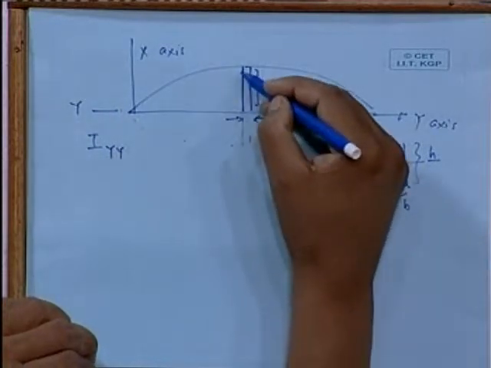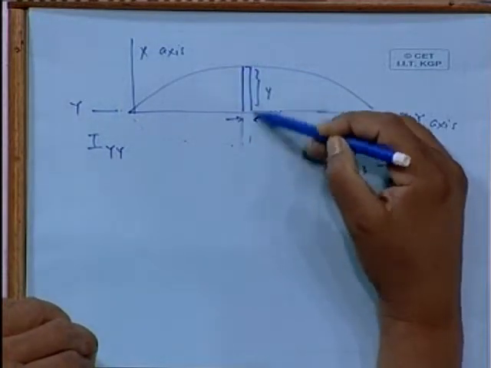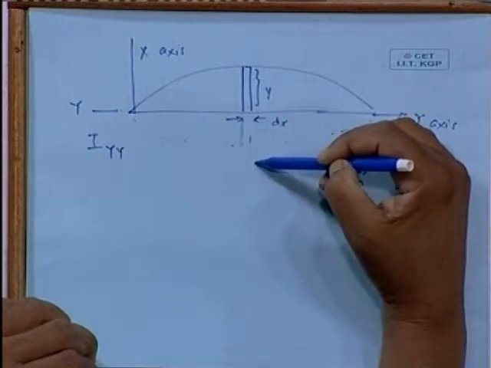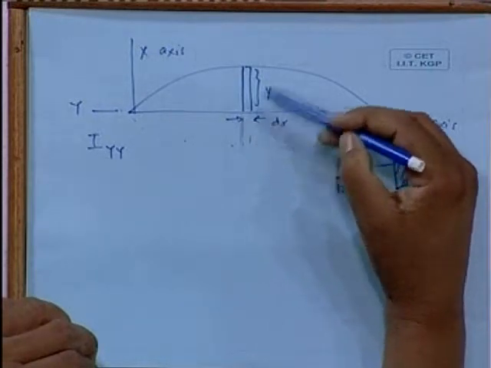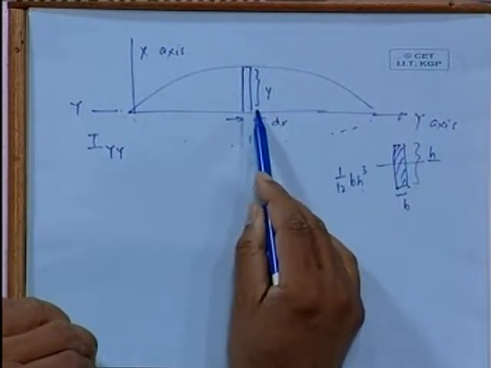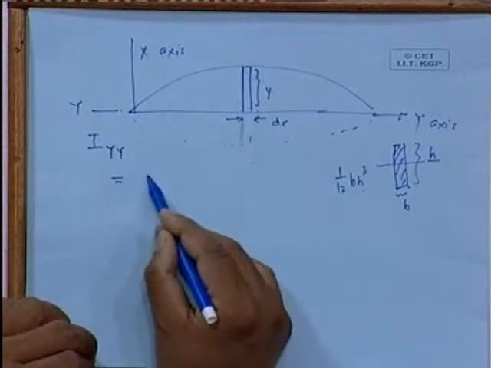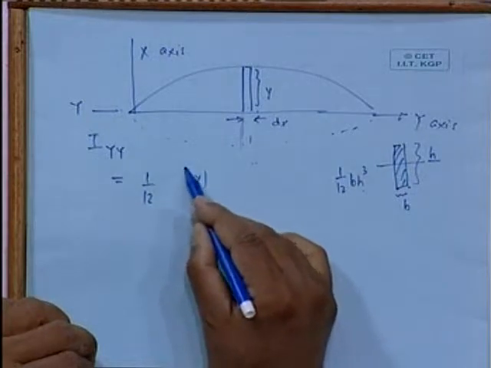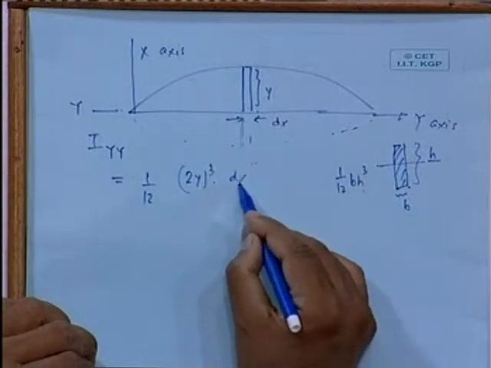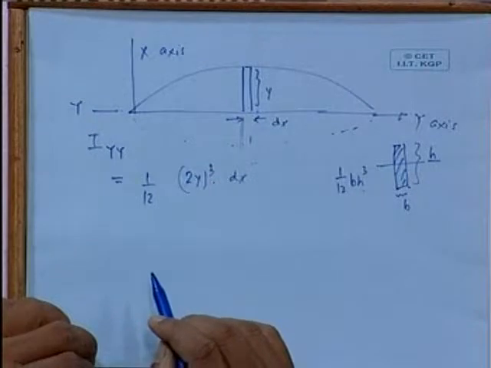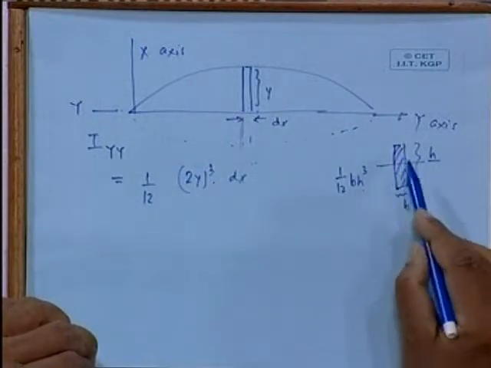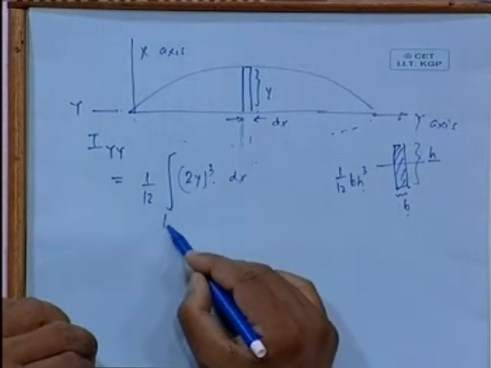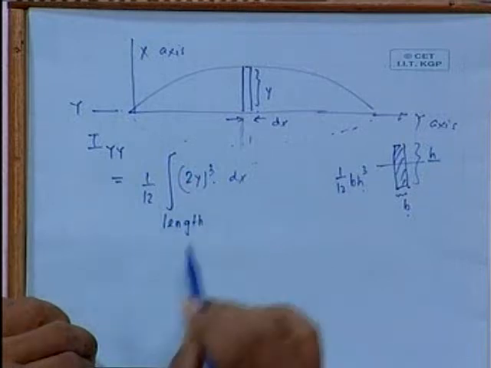In here I have got a rectangle of width 2y. Remember, this is y, there's y on this side, there's y here. So there's 2y and the width of dx. So this becomes equal to 1 by 12 of 2y cube into dx. 2y is h, dx is b, integration over length.